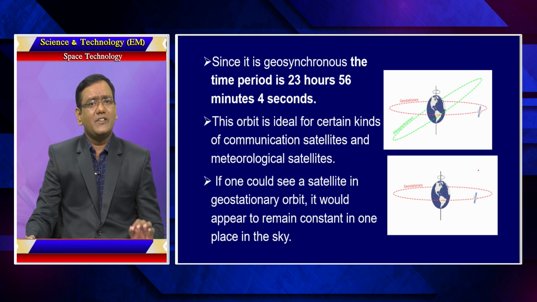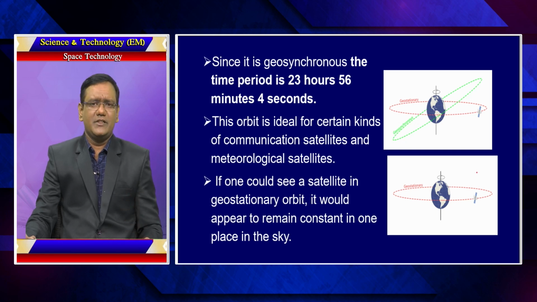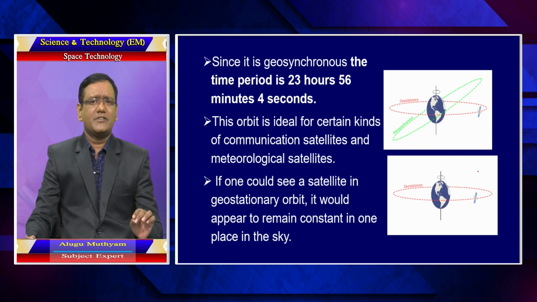If one could see this satellite in the geostationary orbit, it would appear to remain constant in one place in the sky. At whatever time you look at that satellite, it would remain constant. Since it remains constant, it is easy to send signals and also easy to receive signals from a particular place, from a particular region.